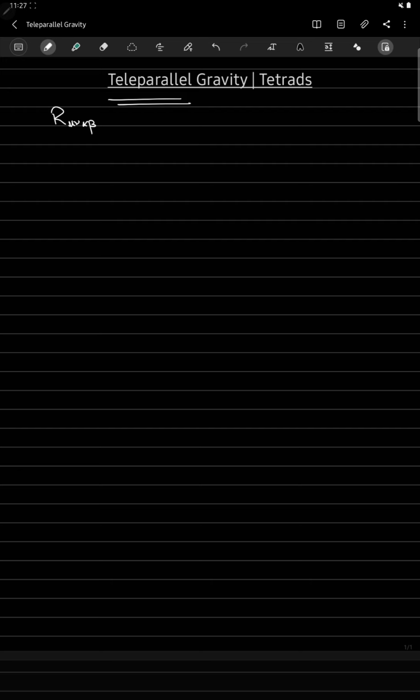So it is also known as the teleparallel equivalent of general relativity, and it is a geometrical theory of gravity in which the tetrad, or also sometimes called the vierbein field, is the dynamical field.